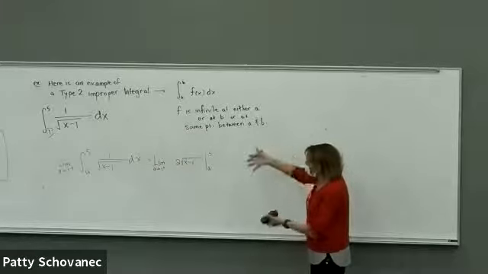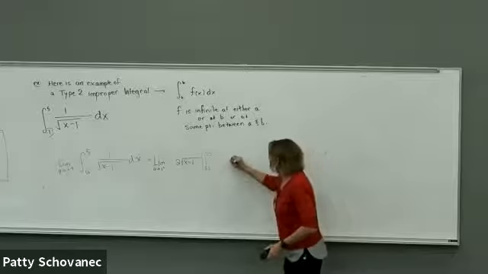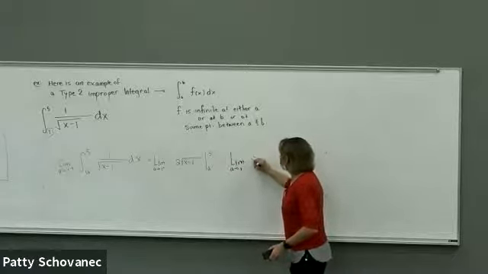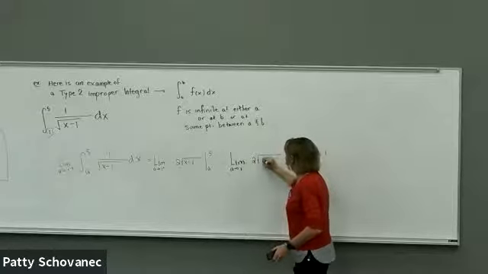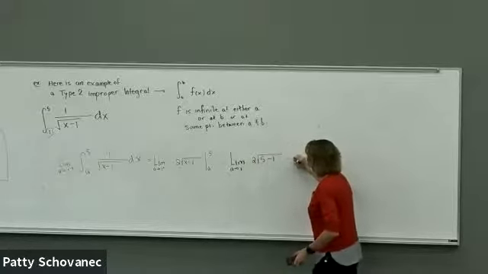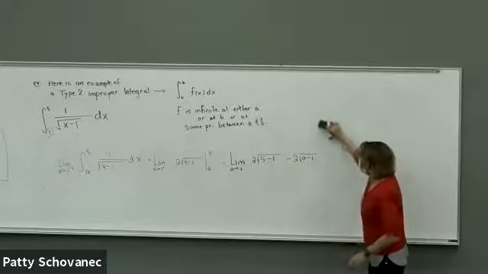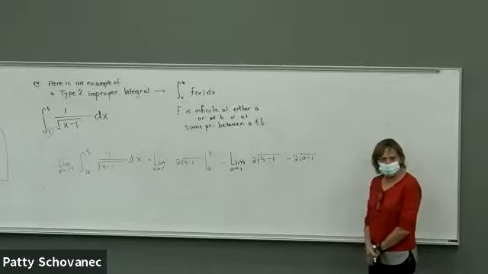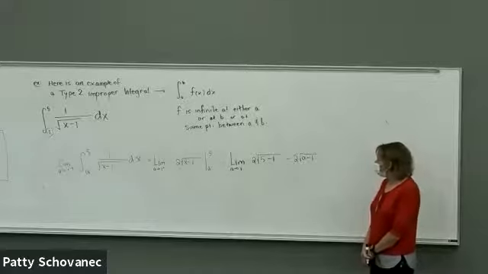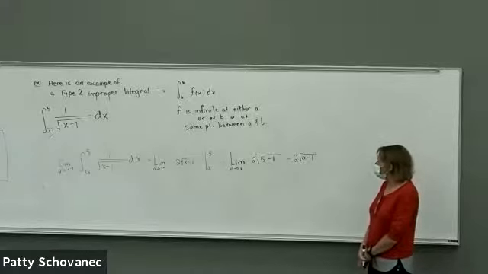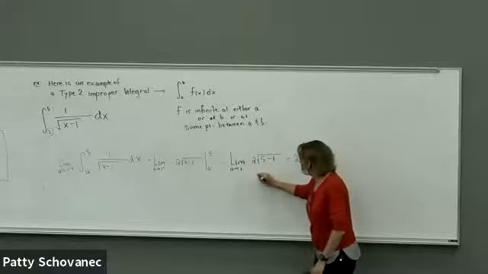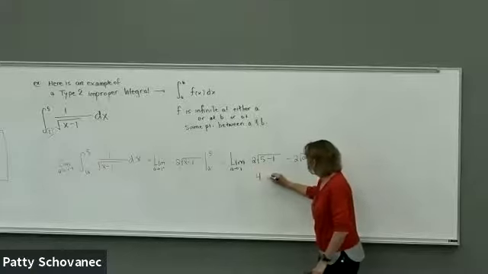So now I put in the top limit and the lower limit. So the square root of 5 minus 1 is just 2. 2 times 2 gives me 4.